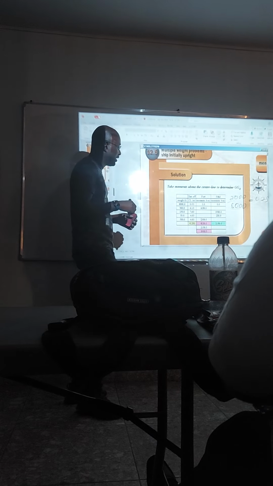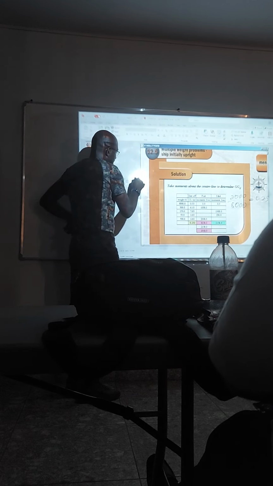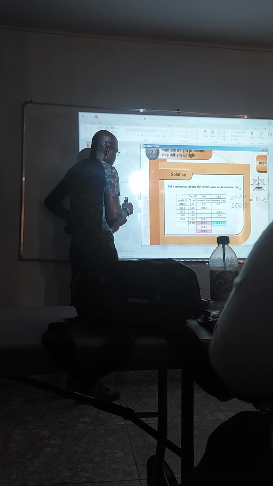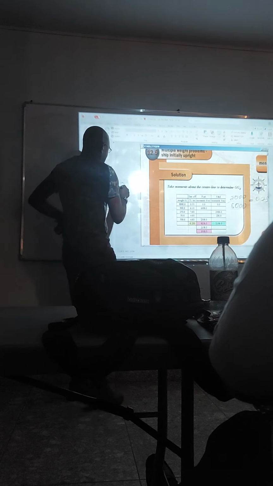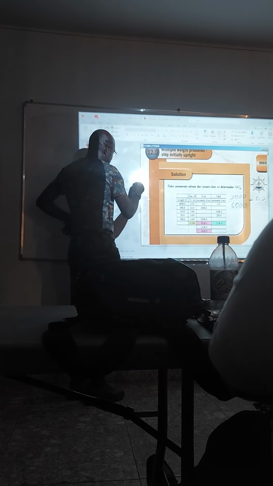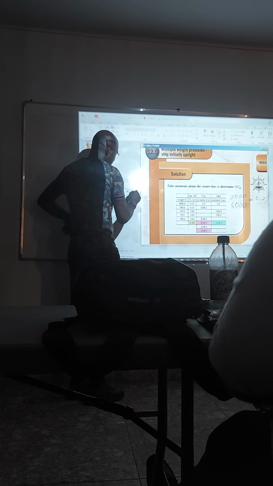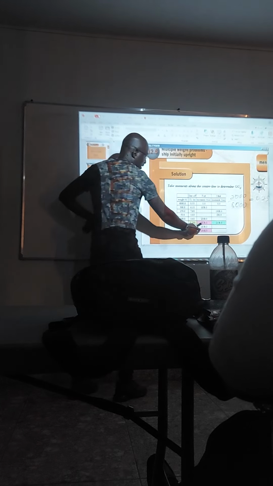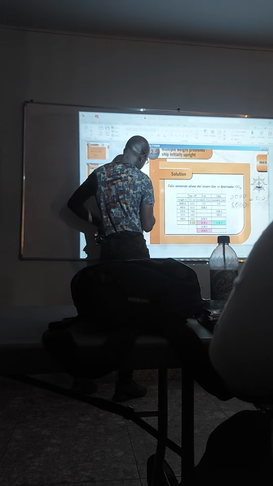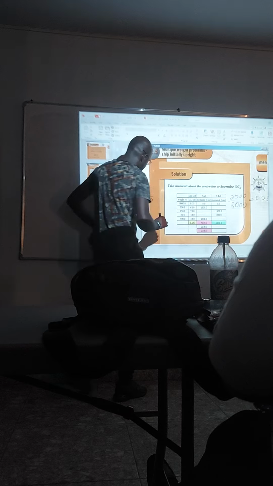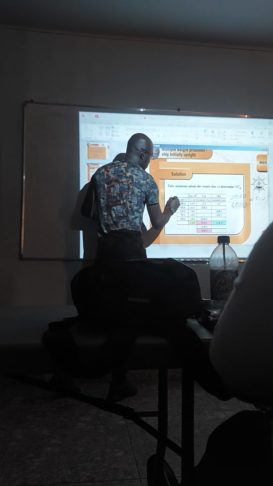And why did we do that? Weight multiplied by distance equals moments. Then distance is going to be moment divided by weight. It means this moment is 2,000 divided by the 8,000, and it's going to give us 0.25.